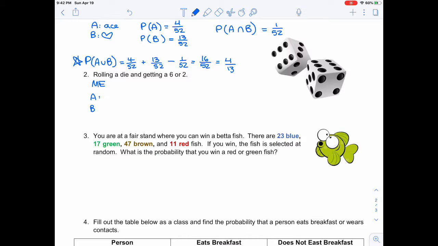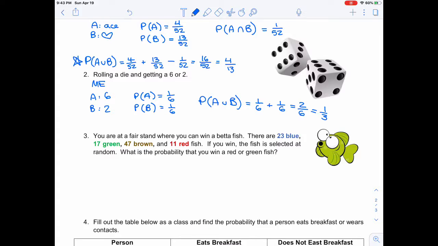I'm going to say A is getting my 6, B is getting my 2. On a regular die, my probability of getting a 6 is just 1/6. Same exact thing with my probability of getting a 2, that's also 1/6. So my final answer, my probability of A or B, is going to be 1/6 plus 1/6, which is 2/6 or 1/3. Okay.